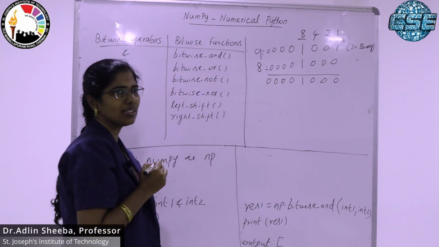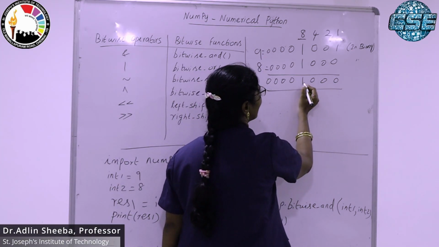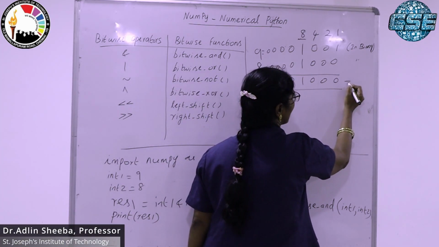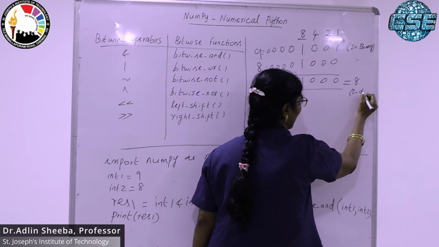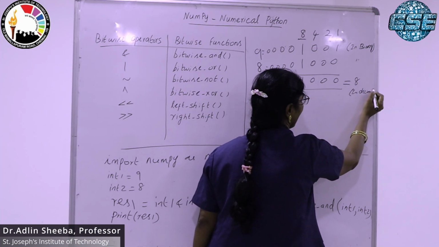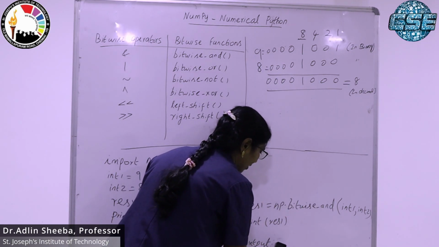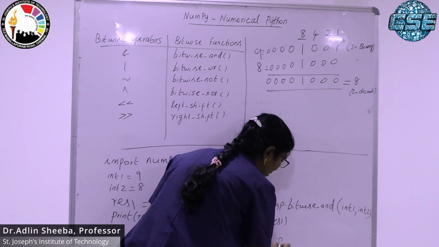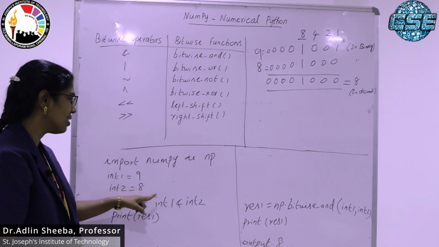This is equal to 8 in decimal, so the resultant output is 8. That is, bitwise AND of 9 and 8 is 8.